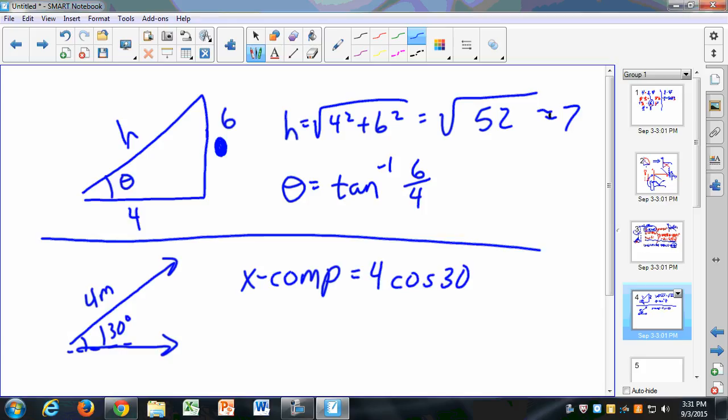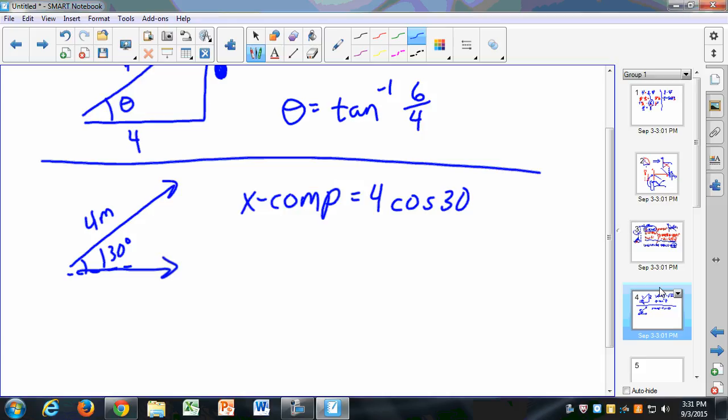Sydney, Emily, you guys won't have vectors, but you do have a couple of trig problems on there. So hopefully those will be pretty easy. Remember this comes about because cosine of 30 is adjacent over hypotenuse, so that's my x component divided by 4. And so my x component, if I cross multiply, is 4 cosine 30. And similarly, your y component would be 4 sine 30. Does that answer your question?